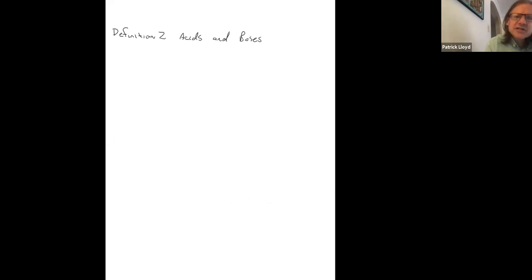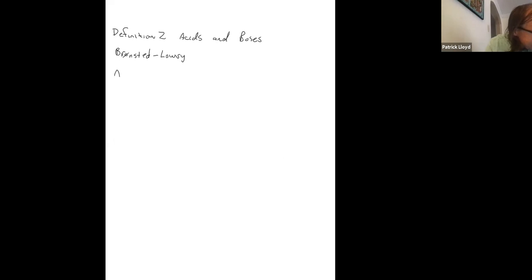This is based on the idea of reactivity. This is what's called a Bronsted-Lowry acid and base, and this is based on reactivity.